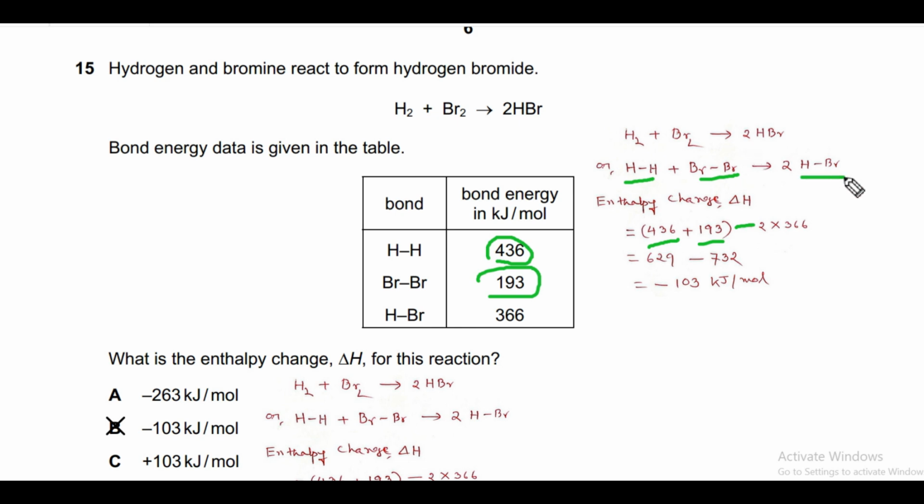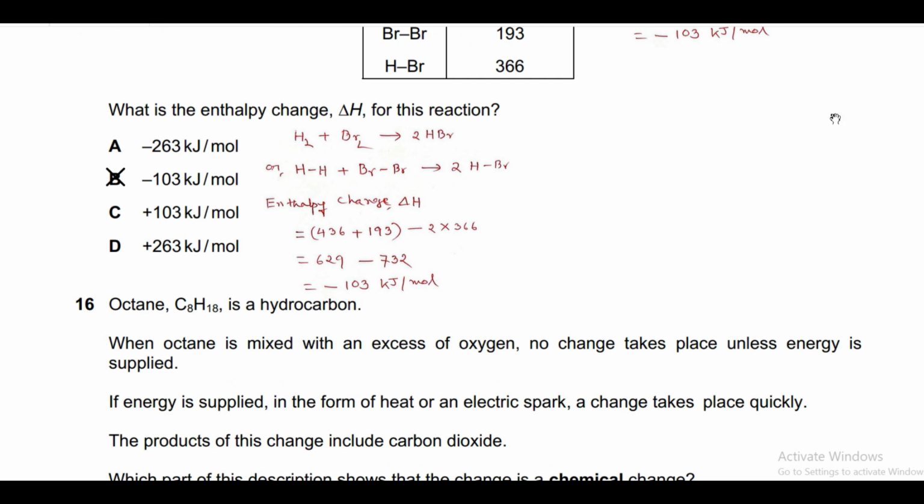Here 2 hydrogen bromine bonds present, so 2 times 366. If you calculate, you will get minus 103 kilojoule per mole. So B is the right answer. This is the calculation. You get negative 103 kilojoule per mole.